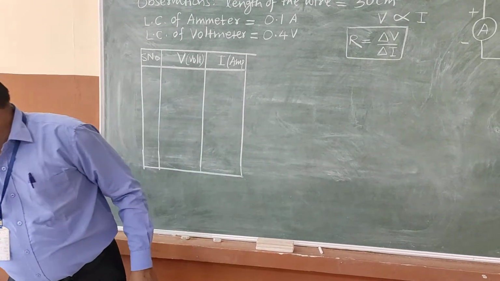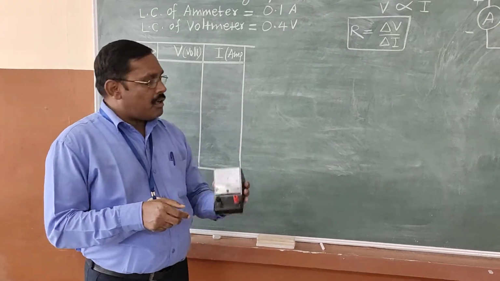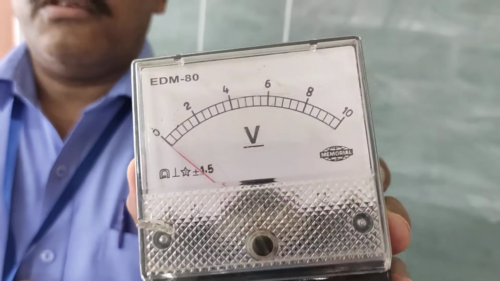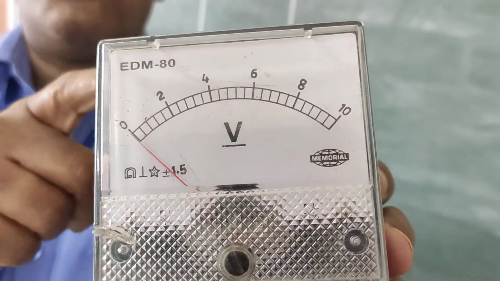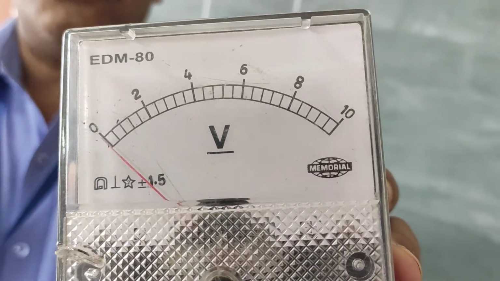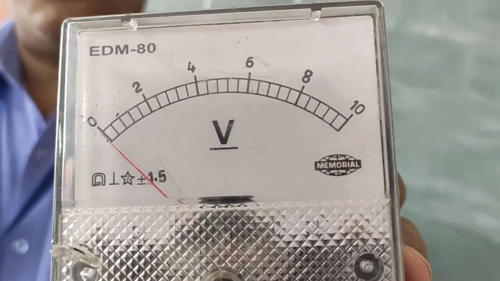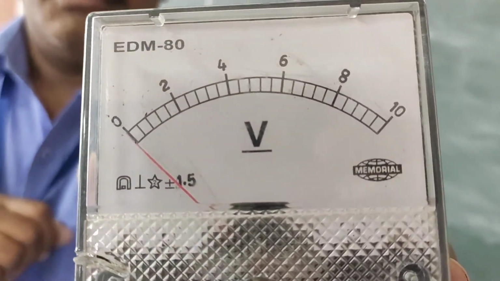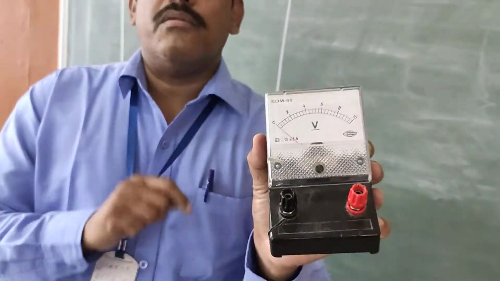The other device we will use is the voltmeter. In this voltmeter again we have to find the least count. Between 0 and 2 there are 5 lines, so 5 lines is equal to 2 volt. So 1 line is equal to 2 upon 5, 0.4 volt. That is the least count of this voltmeter.